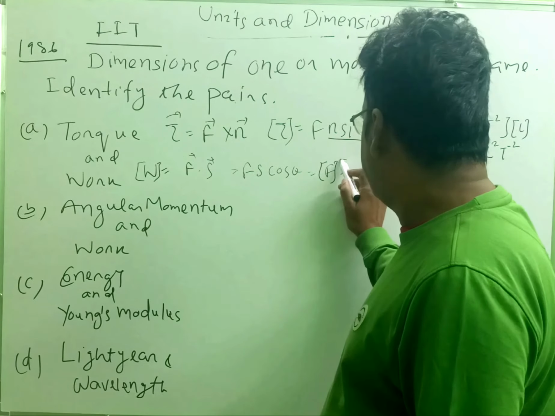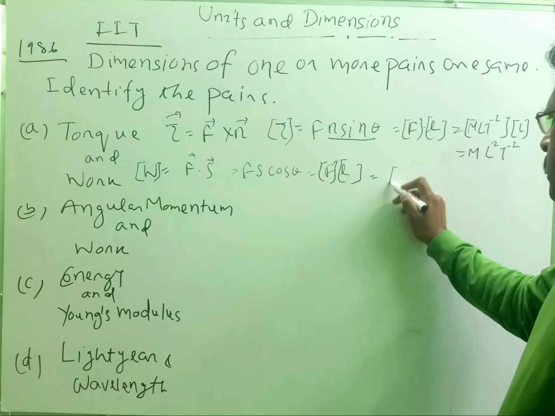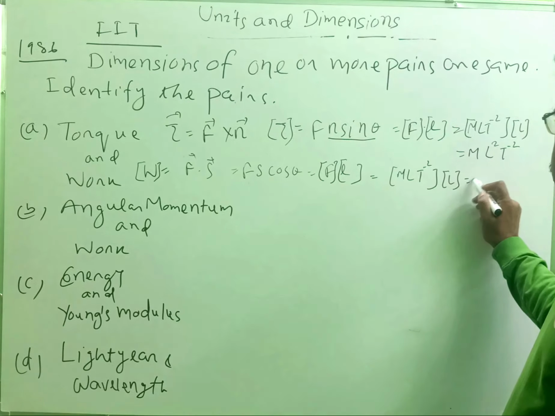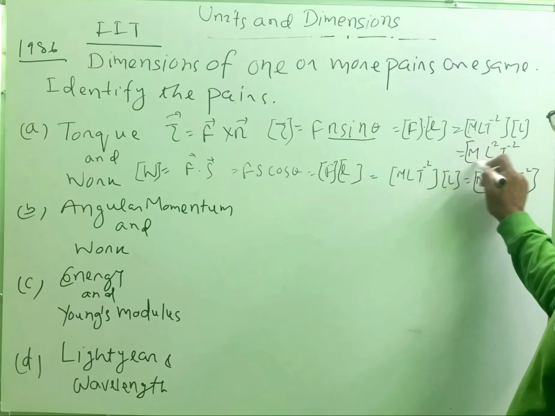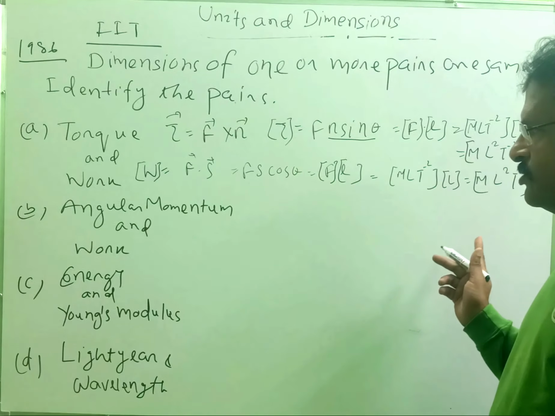The dimensions of F and L are MLT^-2 into L, that is ML^2T^-2. So we observe the dimensions of torque are the same as the dimensional formula of work, students.